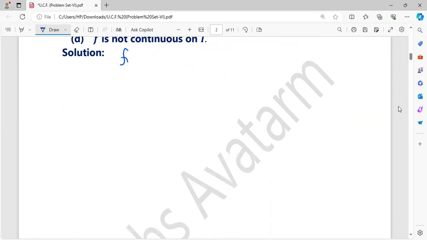So f_n converging to f uniformly on I. Let epsilon greater than 0.